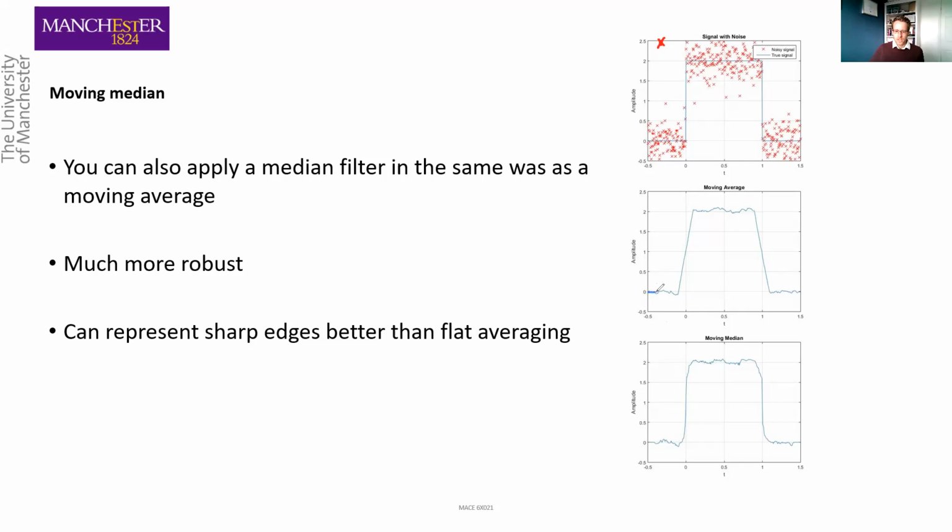So you would see it here. You would spread the influence of it out. If you take the median, it will remove this completely. So it is very robust to things like outliers.